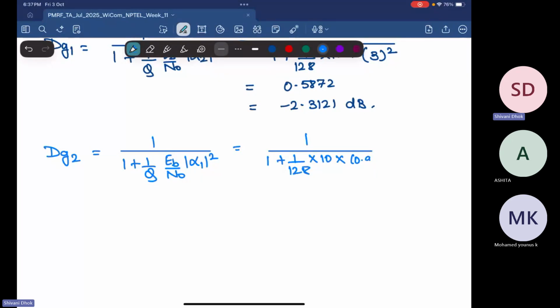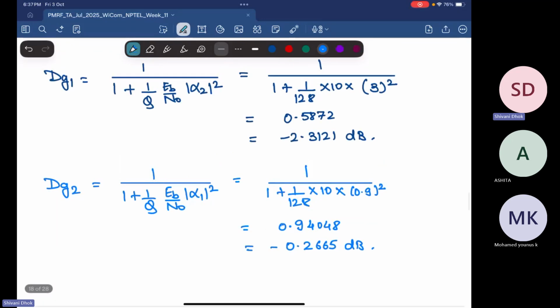So this is 0.9 square, and if you simplify this using your calculators, this comes out to be 0.94048 in linear scale, and in dB scale it is minus 0.2665 dB. So these are the degradation factors that you have.